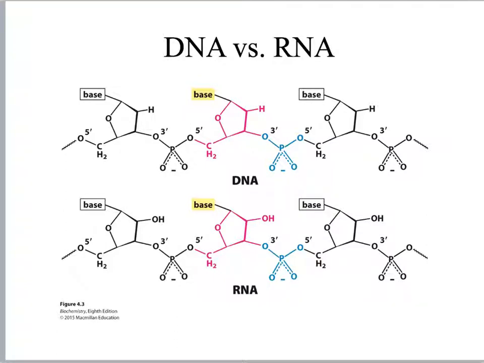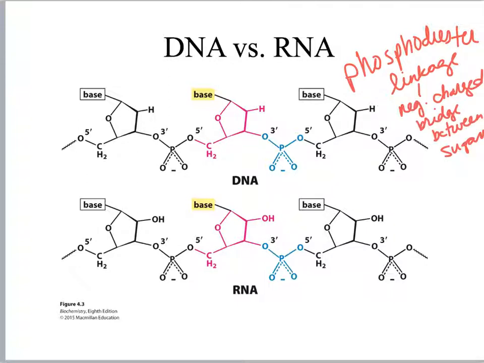So there are a lot of similarities between the structures of DNA and RNA. When DNA and RNA both polymerize, they're going to do so through the formation of something called a phosphodiester linkage. So that linkage, it's a negatively charged bridge between the sugars. And we can see that linkage. Here's our bridge between the 2 sugars.